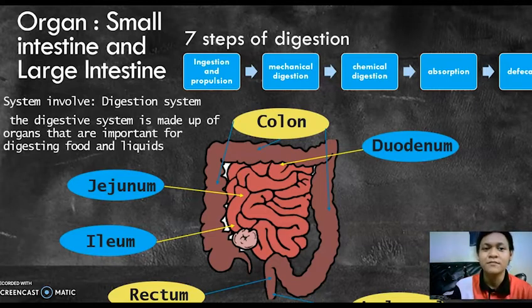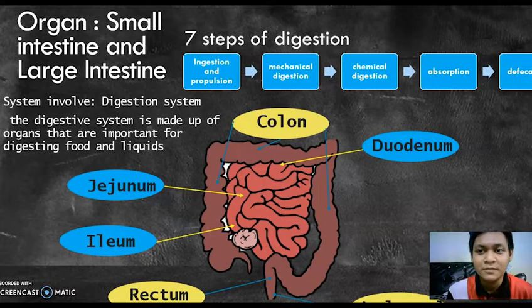The digestion system is made up of organs that are important for digesting food. There are several steps of the digestion system. The first step is ingestion and propulsion, where it involves chewing and swallowing food through the mouth. The second step is mechanical digestion and chemical digestion, where peristalsis occurs in our esophagus, small intestine and large intestine.